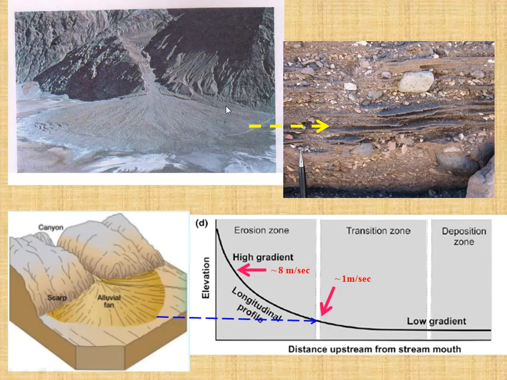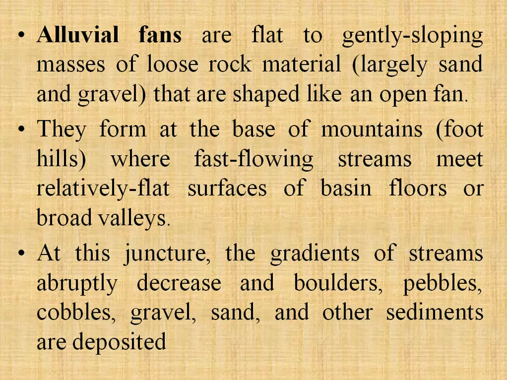Finer sediments will not get deposited here, they will be carried downstream with the moving water. So alluvial fans are flat to gently sloping masses of loose rock material, which is largely sand and gravel, that are shaped often like a fan.